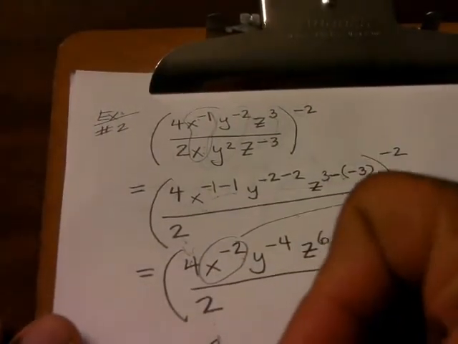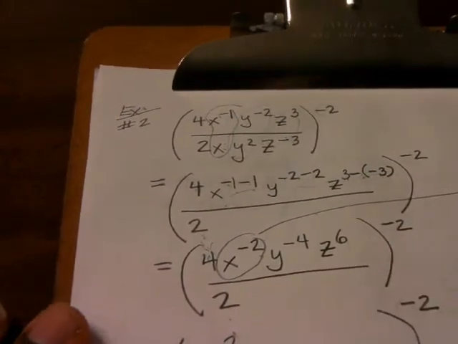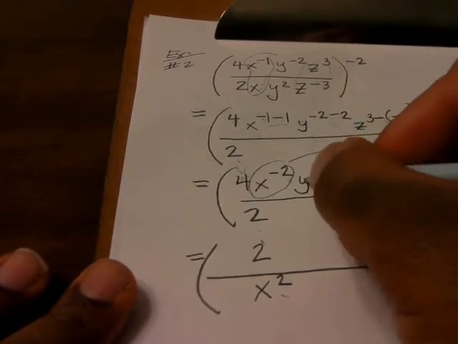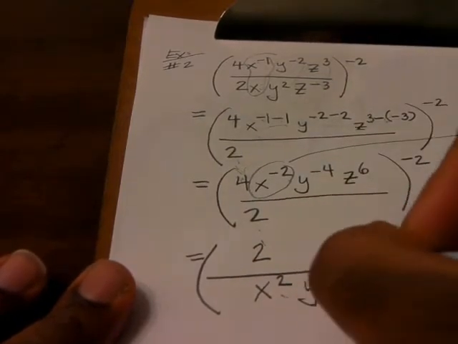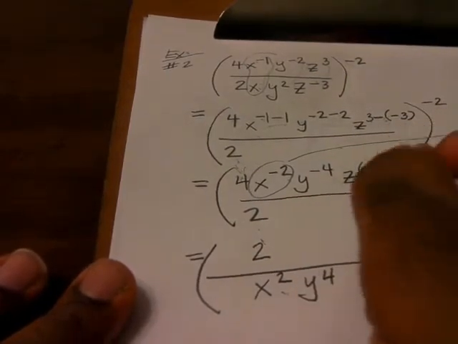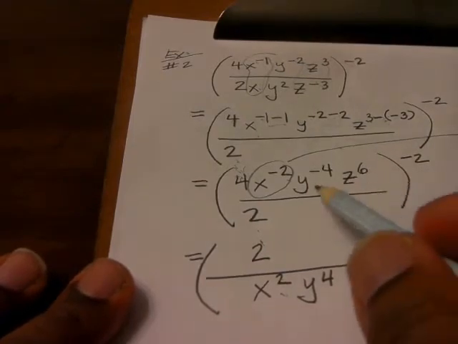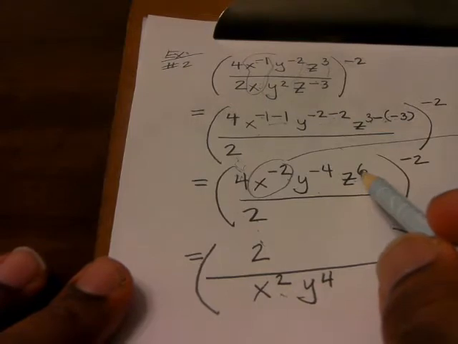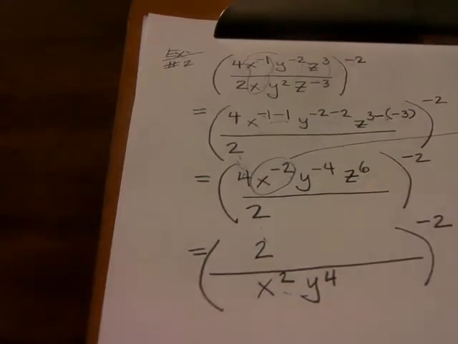So we can do this, x raised to the power of 2. It becomes positive 2 when we take it to the bottom. And then we have y to the -4, that becomes y to the 4th. And the only thing that's left in the numerator is z raised to the power of 6, which is already positive.